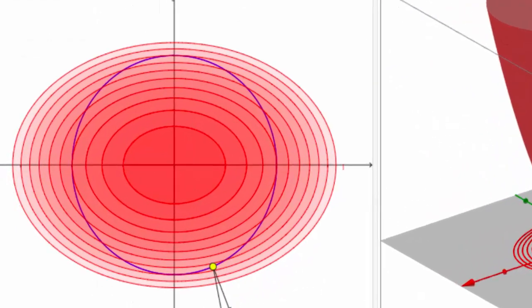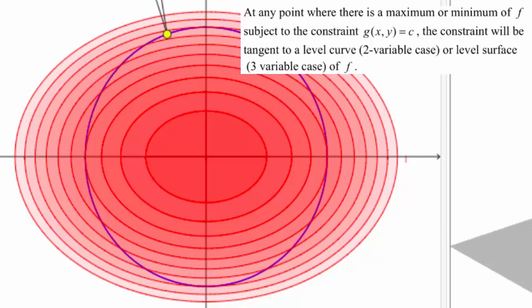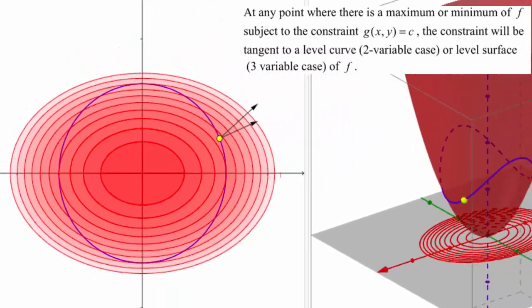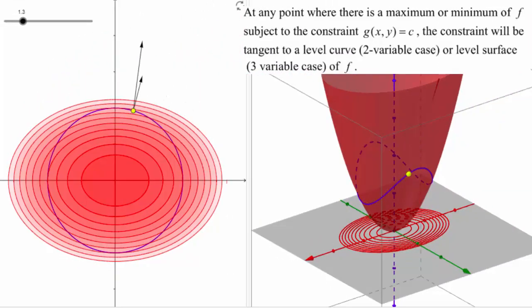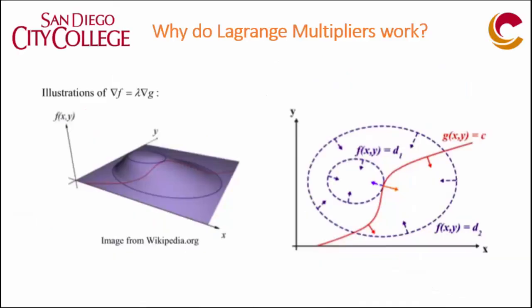By just looking at the contour map, where each one of the red contours or level curves represents a certain constant value for f, we can see that the maximum or minimum of f, subject to the constraint g of x, y equals c, the constraint will be tangent to a level curve if there's two variables and a level surface if there's three variables.